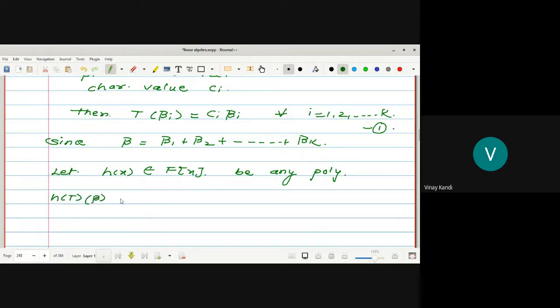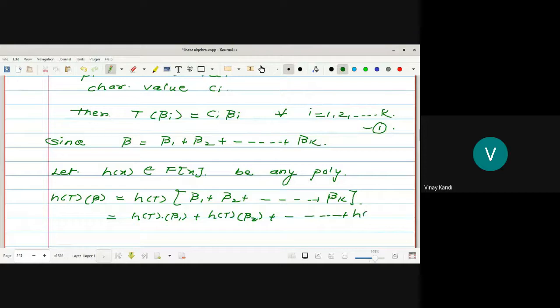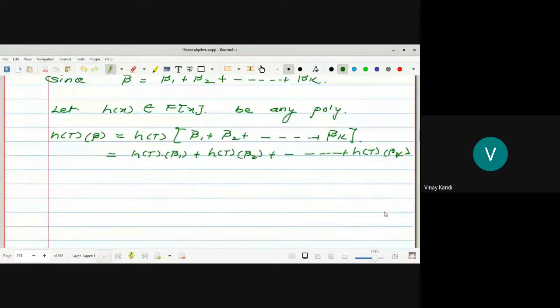This is h of T applied on b1 plus b2 plus up to bk, which is equal to h of T of b1 plus h of T of b2 plus up to h of T of bk. Okay, if T is a linear operator, h of T is again a linear operator.